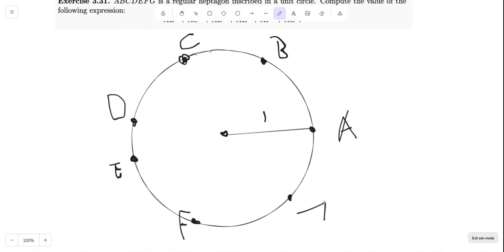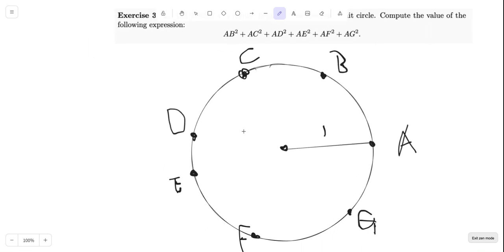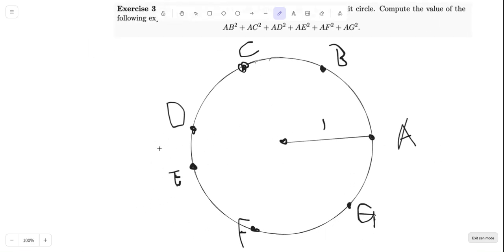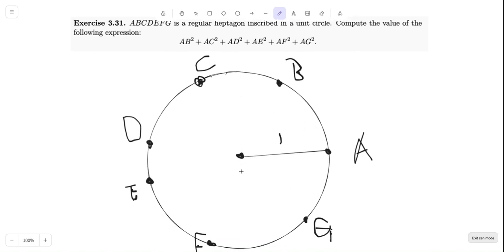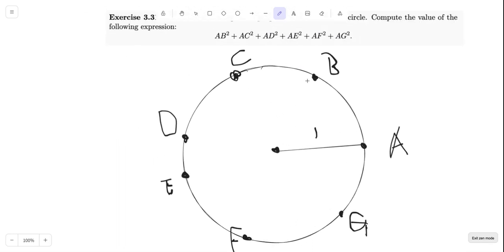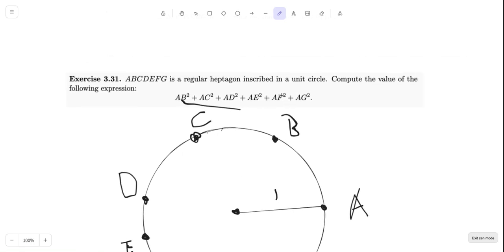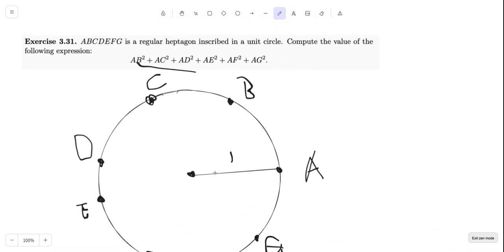The first thing to notice is that since it's a regular heptagon, it's gonna be symmetric about the diameter that passes through A. There are 3 points on this side, 3 points on this side, and then A. So AB, AC, and AD squared have the same sum as AE, AF, and AG squared because it's symmetric.